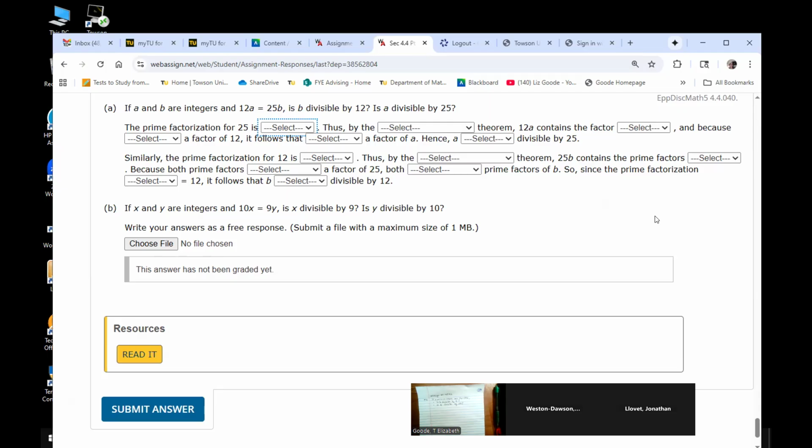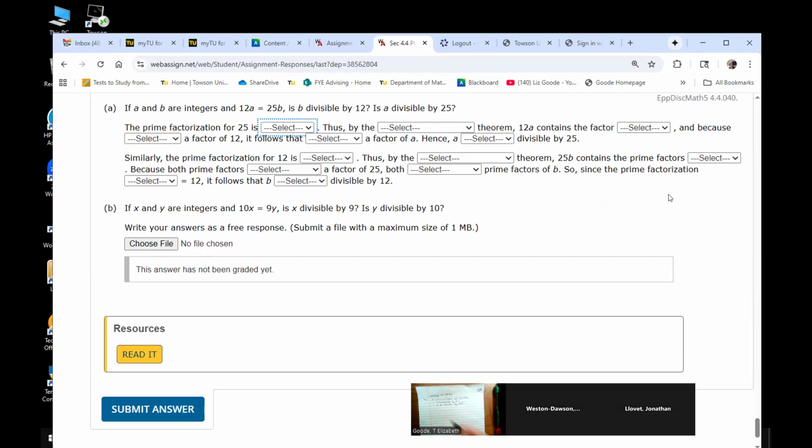So let's ask about B first. Is B divisible by 12? A way that you could try to say that is, okay, 25B is going to be expressible as some set of prime numbers multiplied together.